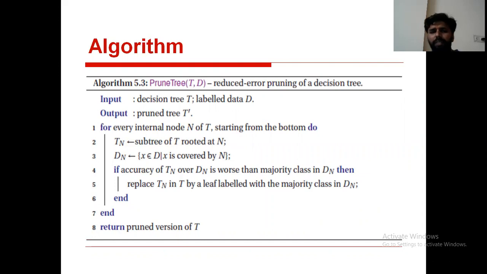And what about the procedure? What about the process? Here we are executing some steps iteratively.